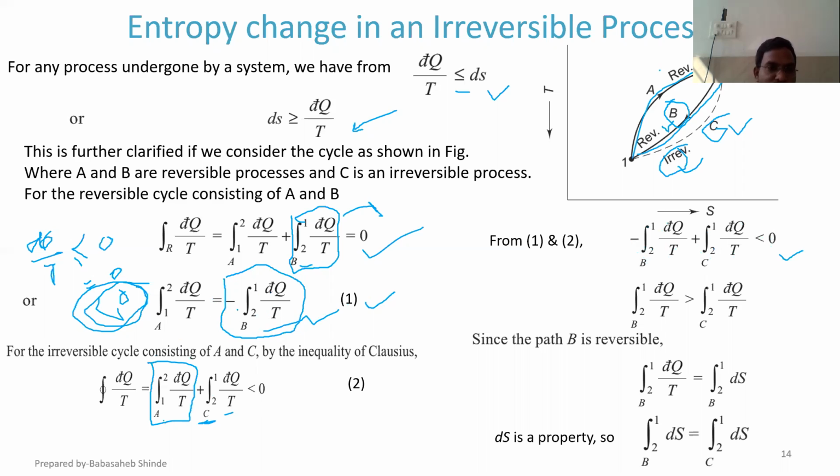So from equation 1 we have replaced the left hand side with this right hand side, and we have written this relation: minus the integral from 2 to 1 along B of dq by t plus the integral from 2 to 1 along C of dq by t less than 0. Now this minus term we are going to shift to the right. When you shift it towards the right, the sign will be altered, and the integral from 2 to 1 along B of dq by t will become greater than the integral from 2 to 1 along C of dq by t.